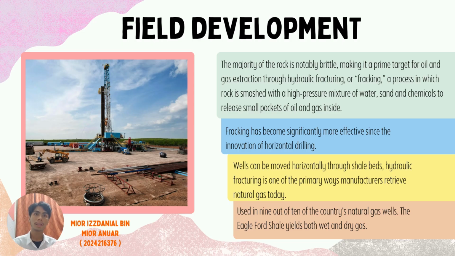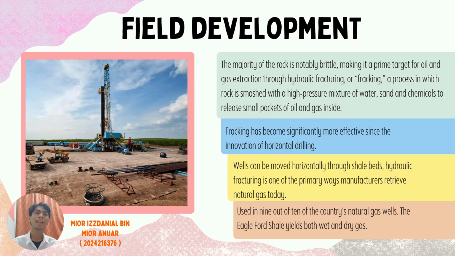As we can see in the next picture, this is the fracking machine for extracting the oil and gas. Fracking has become significantly more effective since the innovation of horizontal drilling. Wells can be moved horizontally along the shale bed.